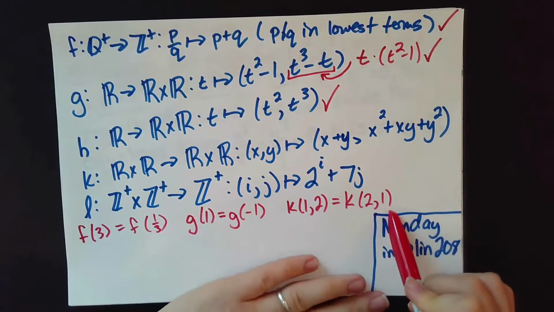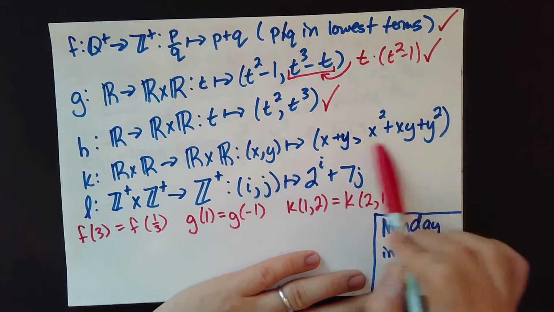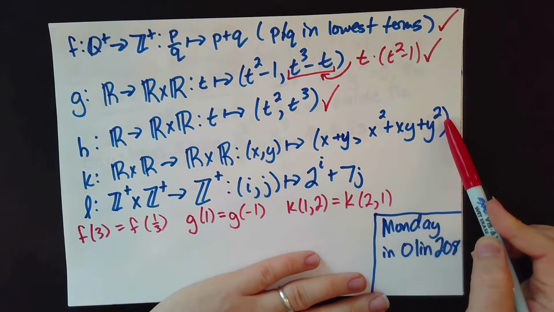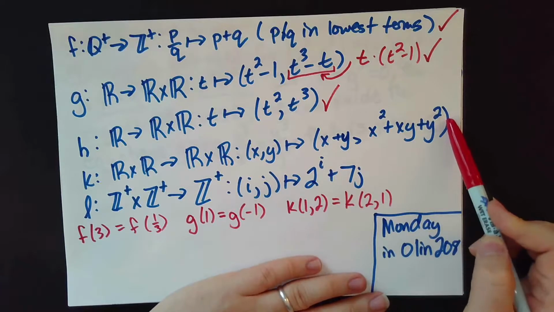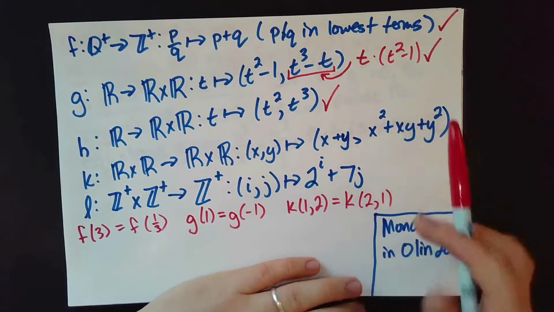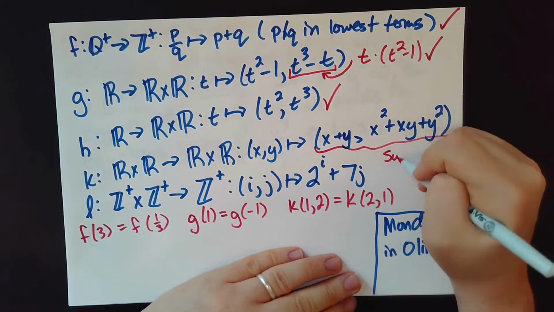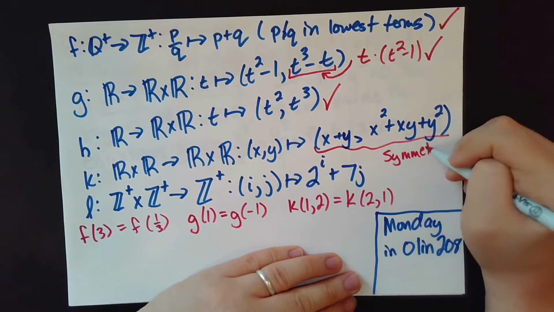And the reason for that is that this formula, both this coordinate and this coordinate, they're both symmetric in x and y. Meaning that if you swapped x and y, you'd get exactly the same function. Okay. So this whole thing is symmetric in x and y.